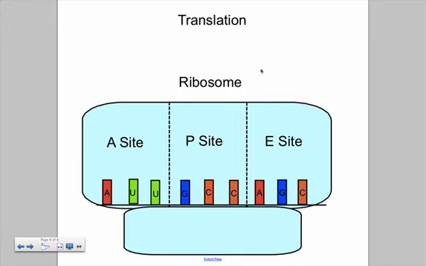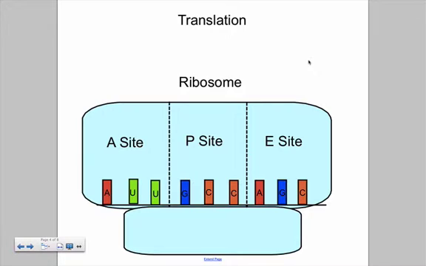Ribosomes make proteins, and we're going to show you how that happens. In order to make a protein, we have to have mRNA, which is what we looked at last week. So here's our mRNA. A lot of different things go on, and we're going to go through it a couple of times so you can understand what's happening.